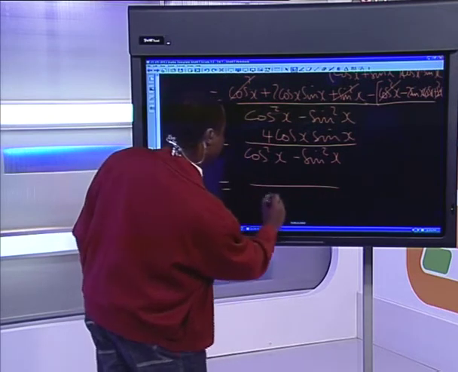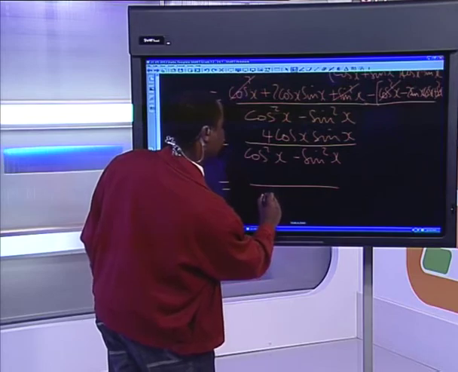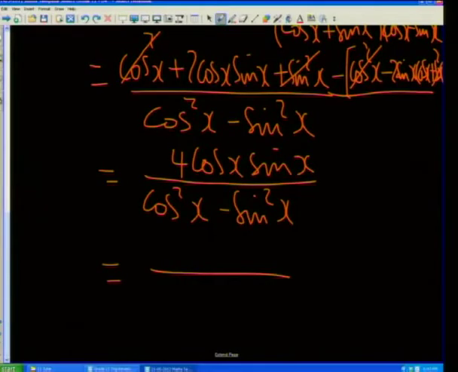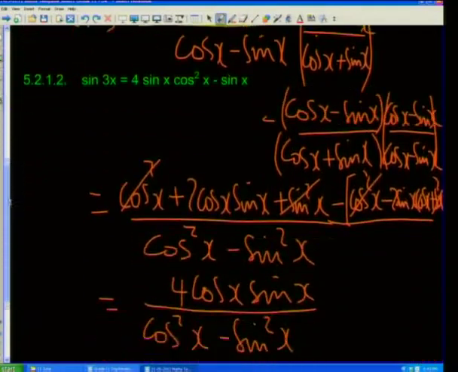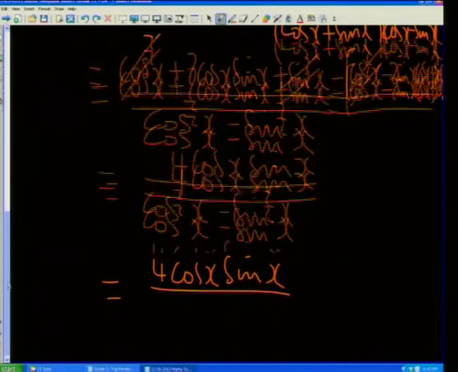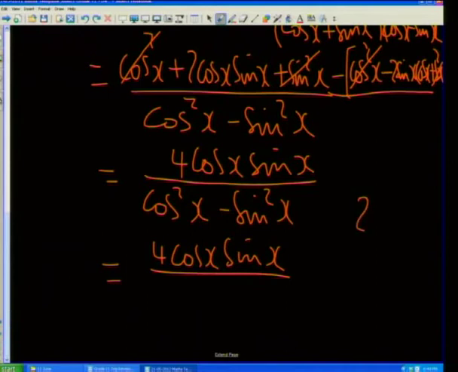Basically, this becomes 2, and that's 4 at the top, cos x sine x. I want to write what is on the right-hand side: 2 tan 2x. That's what I want to end up with, so I mustn't lose track of that.